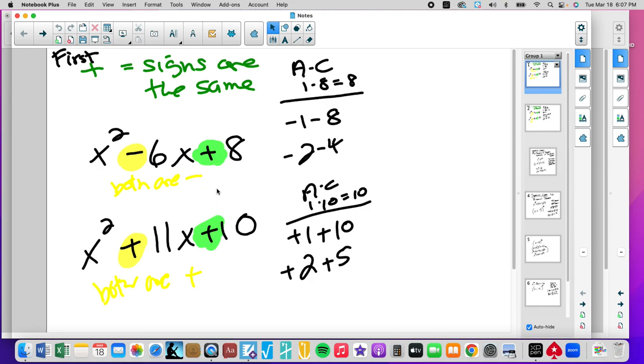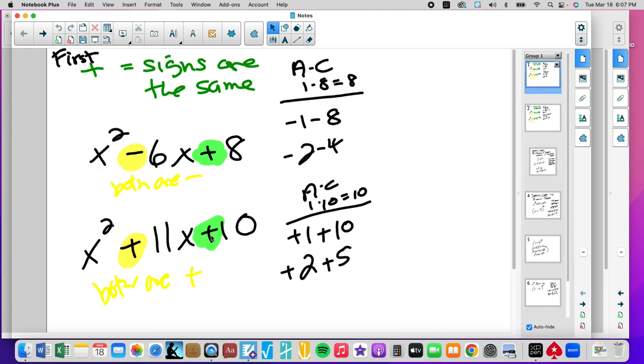If C is positive, I know the signs are the same. Then I look at the sign of my B value to determine what they both are. Are they both negative or both positive? In this case, they're both negative, so I would make my signs both negative for my factor pairs.